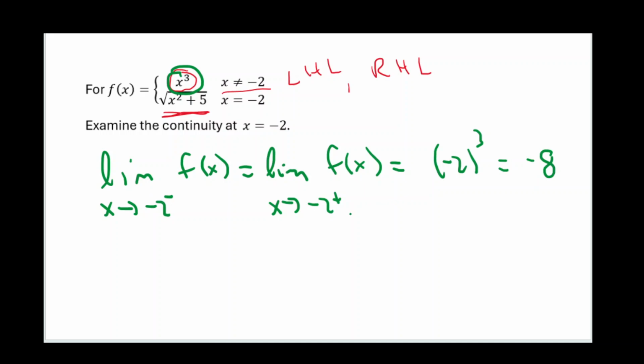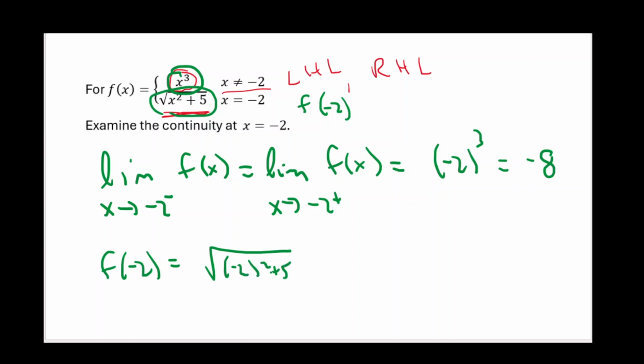So I know that the left and the right-hand limit are the same, which are -8. And now I'm going to look at the actual function, which follows this rule. So f of -2 is the square root of -2 squared plus 5, which is √9, which is equal to 3. Well, 3 is not equal to -8. So therefore, there must be a jump. Or, yeah, there'd be a jump.